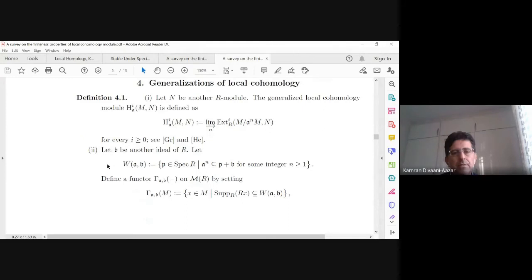The second generalization is as follows. Let B be another ideal of R, and we denote this set with W(A, B).